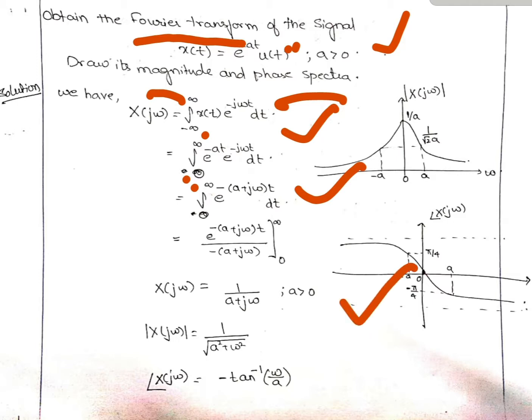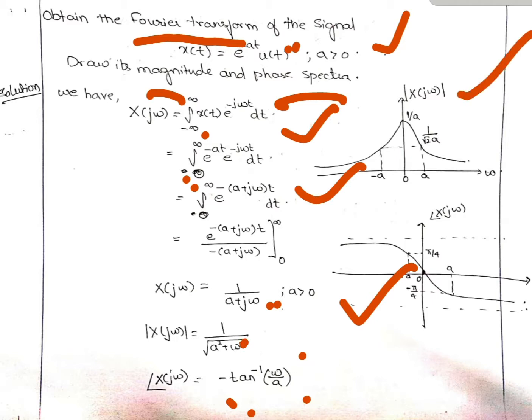The modulus of this is 1/√(a²+ω²), and the angle is −tan⁻¹(ω/a), the minus because it is in the denominator, tan inverse of imaginary part by real part. Now coming to the sketching of this one.